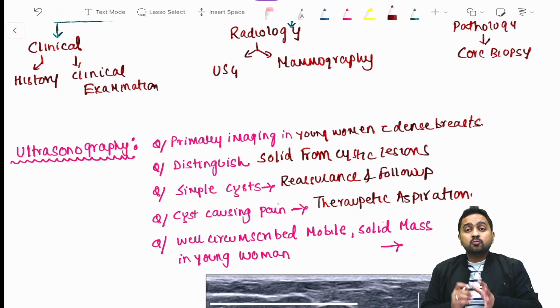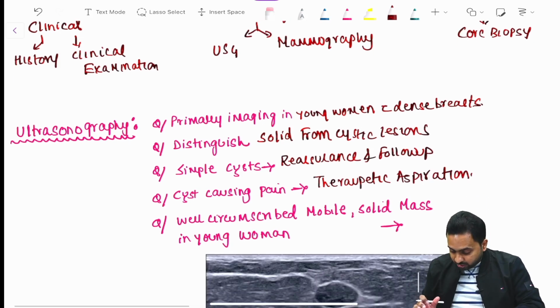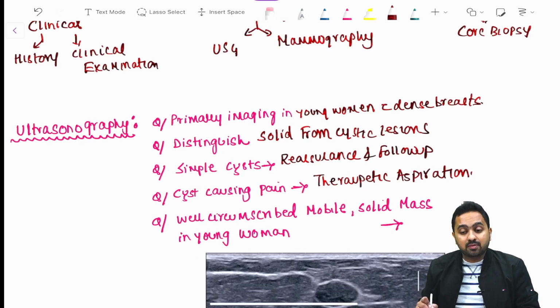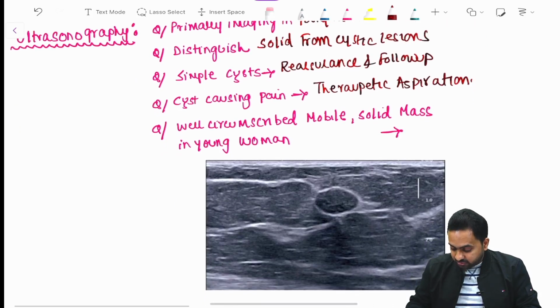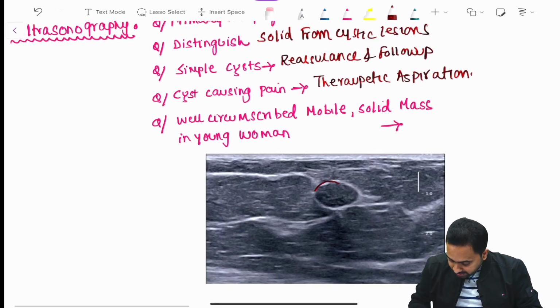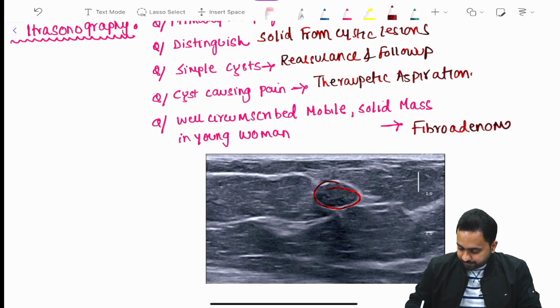Then you would be getting some clinical scenarios or image based clinical scenarios, which are your well circumscribed mobile solid mass in young women. So this USG feature shows a well circumscribed and a solid mass, right? So this is your fibroadenoma.